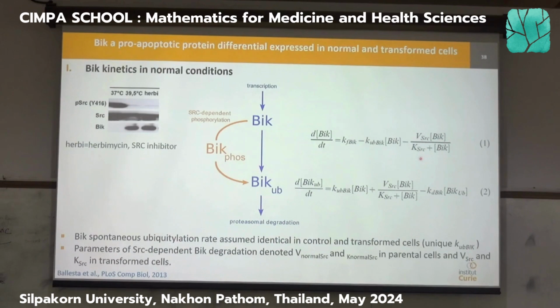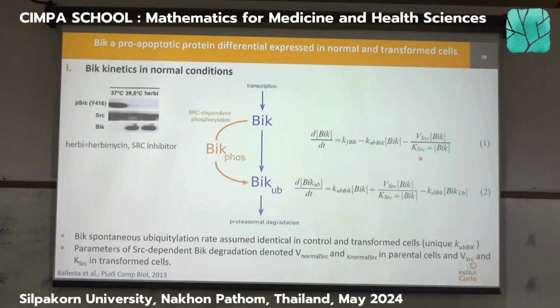So can you predict the value of this in normal cells? Can you predict the value of this parameter? This parameter is the maximum velocity for the orange part, and it's also proportional to the concentration of the oncogene SARC. And as I was saying, the oncogene SARC is not supposed to be expressed in the normal cells.